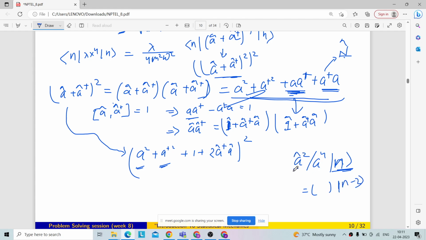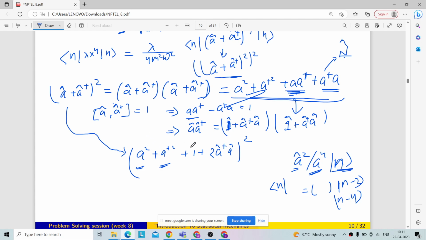This annihilation operator is operated twice, so 2 particles will be annihilated. Or if I operate a⁴, then 4 particles will be annihilated from the system. But in the bra we have n particles, and in the ket we have n minus 2 or n minus 4, something like that.